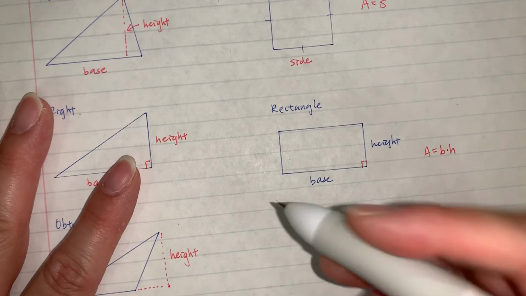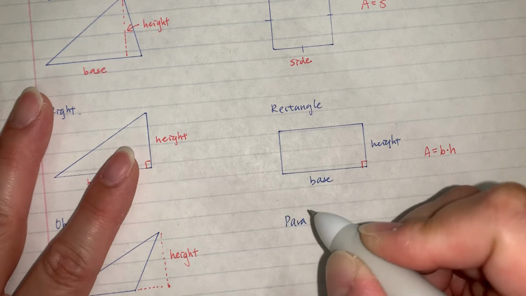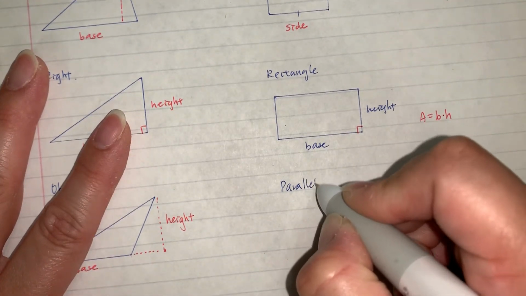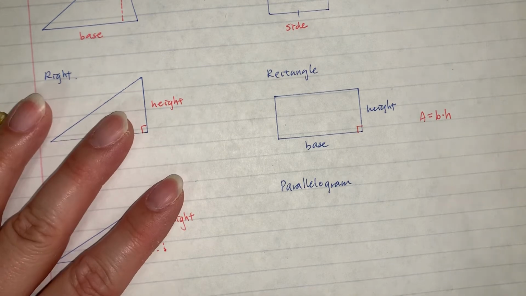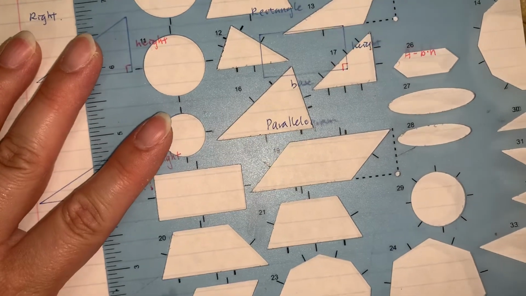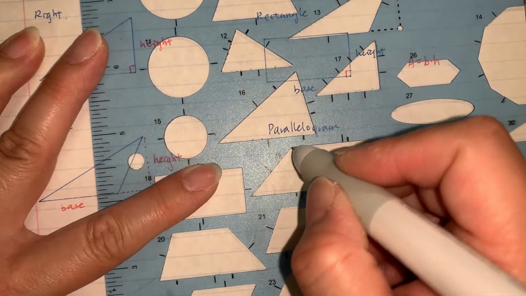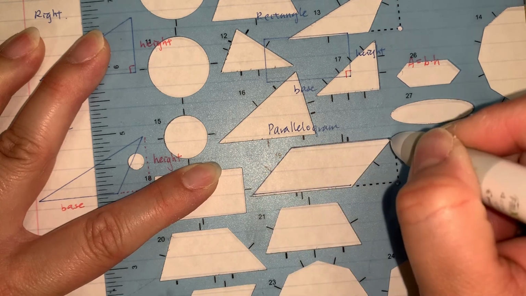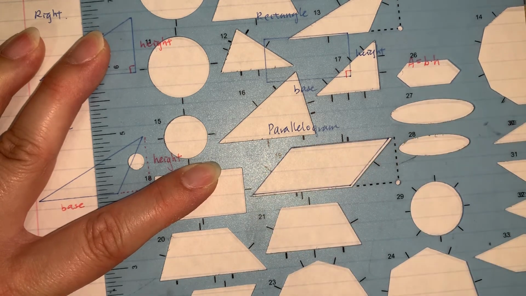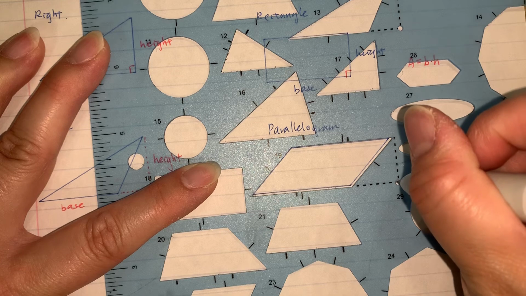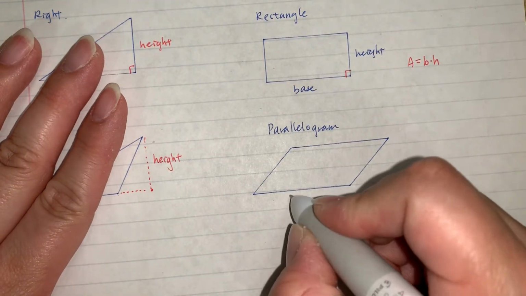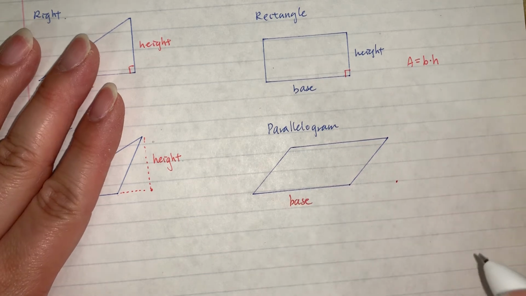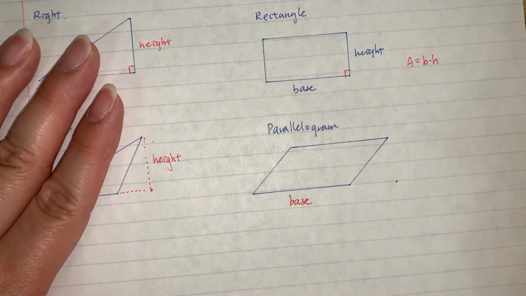A parallelogram will act the same way too. For the parallelogram, I'm going to use template number 18 to give me a very good idea of what this picture looks like. As you're tracing, you can see there's that little dot again, just like our obtuse triangle. So just to remind you of a few things here, in a parallelogram, this is my base again. But now my base can have height in a few different places.